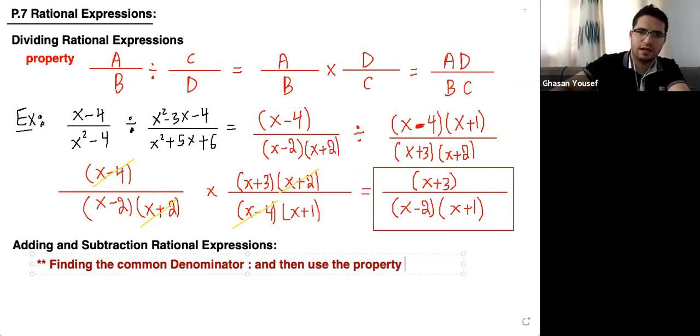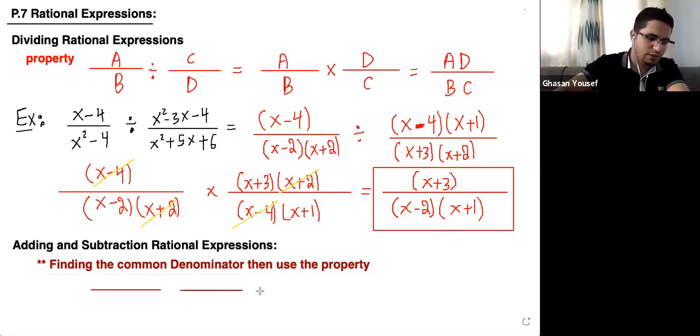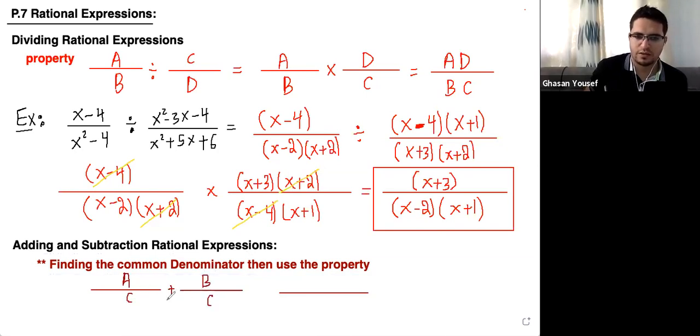The property said if I have two fractions, so first of all, I have to find the common denominator. Then the denominators are equal. So the fraction would be like a over c plus b over c. So the denominators are the same.